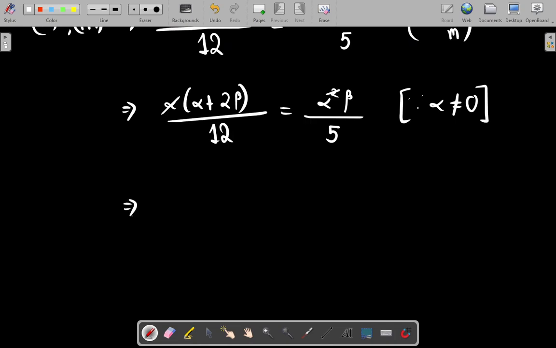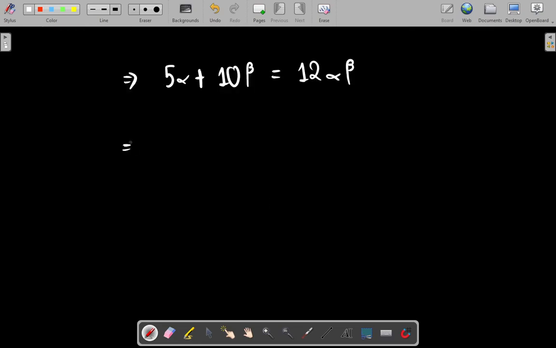So now this becomes 5 alpha plus 10 beta is equal to 12 alpha beta. If I take 2 beta common, taking 10 beta to the other side, this becomes beta times (12 alpha minus 10) is equal to 5 alpha.